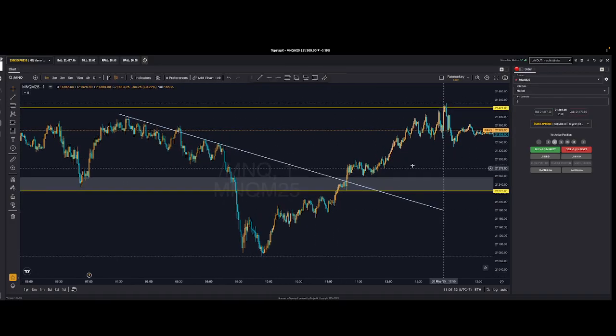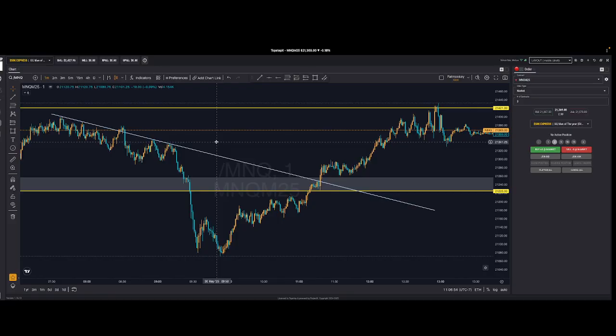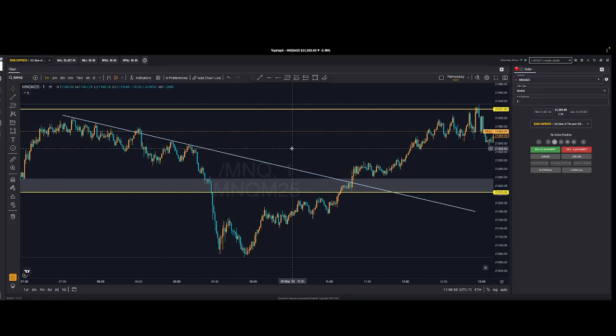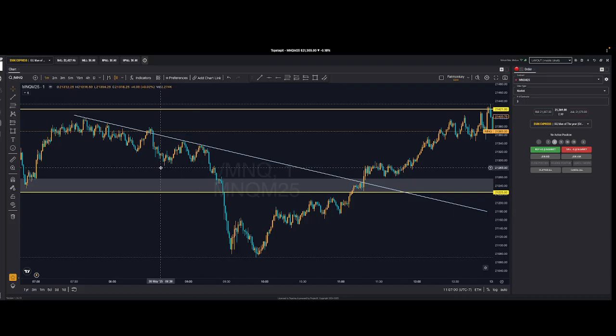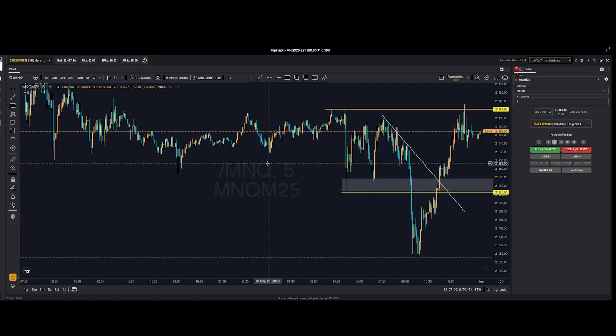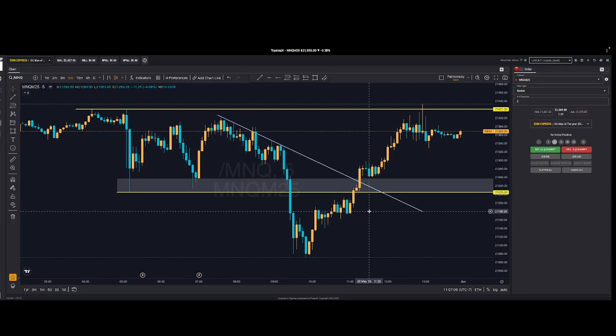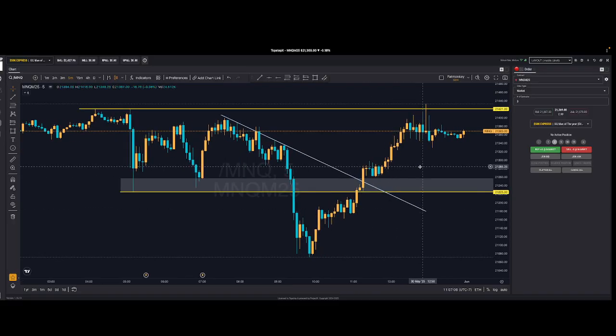Price does not have to adhere to it, but it's a visual, and when price action comes towards it, the candlestick behaviors and wicks give you some kind of confirmation and indication that, hey, those wicks tell me that sellers are winning or buyers are winning.